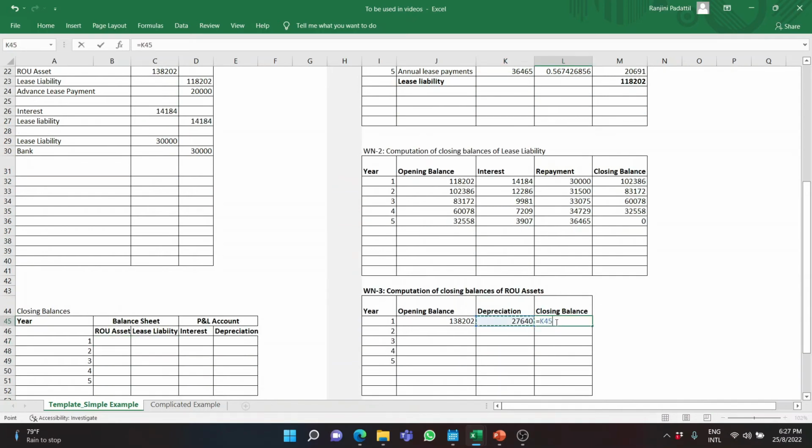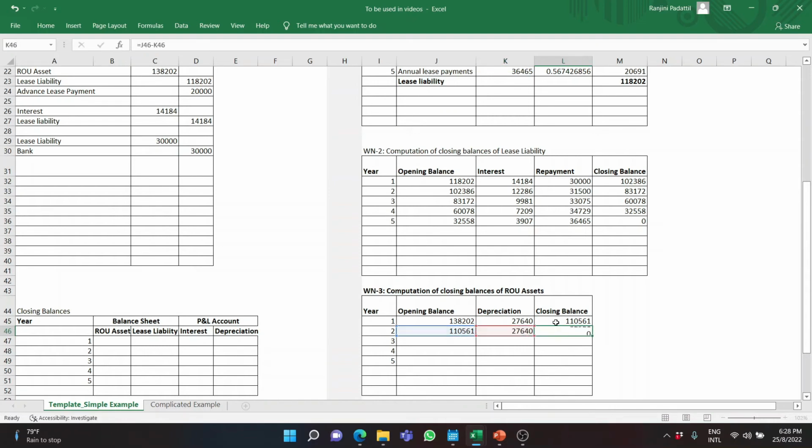So the opening balance minus the depreciation gives us the closing balance. Let's do it for the second year. The closing balance of the first year is the opening balance. Depreciation under the straight line method, the value will not change from year to year.